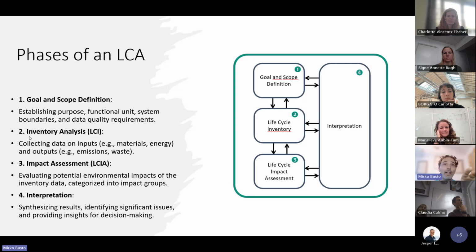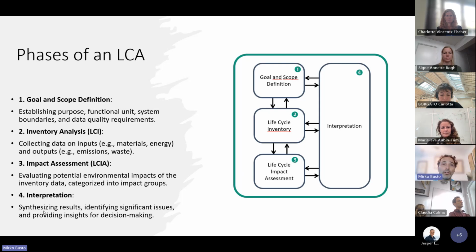Then the inventory analysis, when we collect data on inputs, materials, energy, and outputs, emissions, waste, and we build the actual life cycle inventory model, the model that is going later to be fed to the impact assessment, where potential environmental impacts are evaluated through impact groups, through a particular methodology that calculates impacts on the different categories that we've seen briefly earlier.